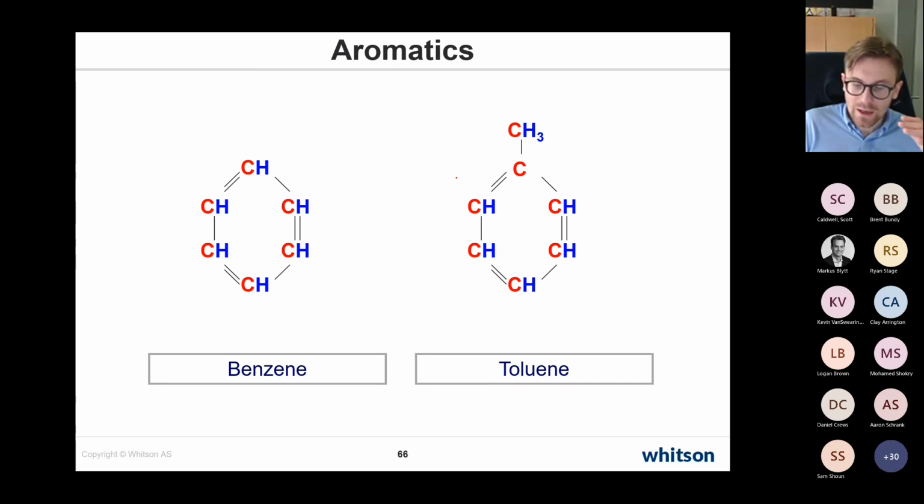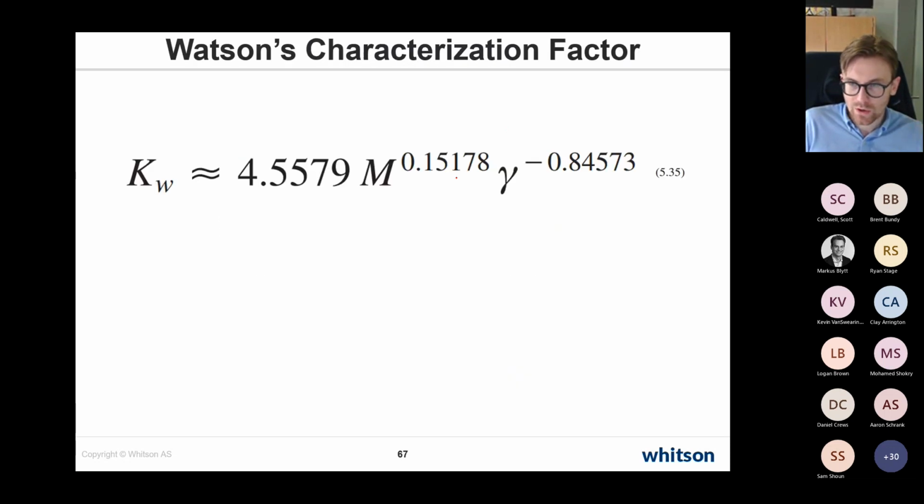So that's some of the key groups, and the way to classify which of these groups a fluid falls under is the Whitson characterization factor. It is the first thing that a lot of people in our company calculate for a fluid when we work on a new field. It's very simple.